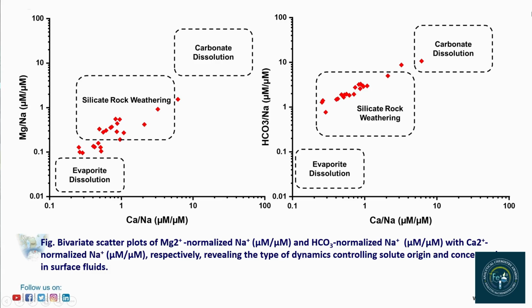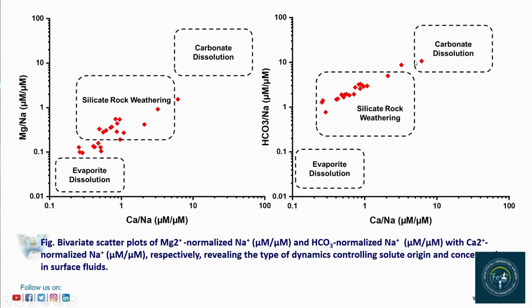And these are the bivariate scatter plots in which the normalized sodium and bicarbonate, we can see all 23 samples fall into silicate rock weathering. That means like the Gibbs diagram, the water-rock interactions, here we can see the clustering of all the samples.